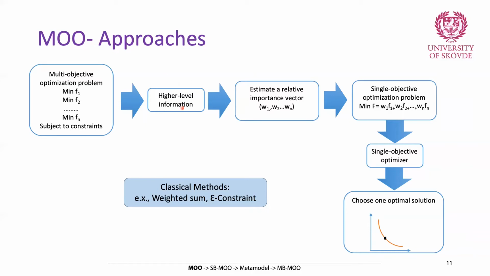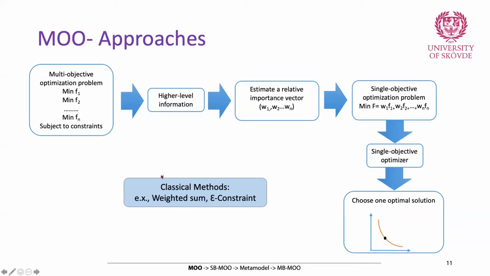Then, based on that higher level information, you can transform your multi-objective optimization problem into a single objective optimization problem. And then you have several single objective optimizers, and you can solve this single objective optimization and find one optimal solution.